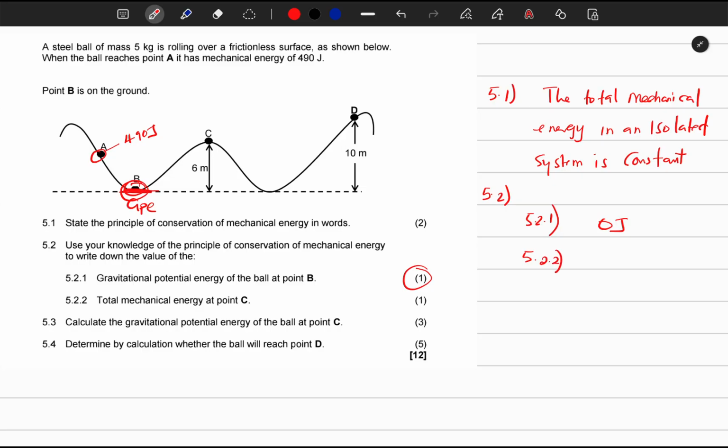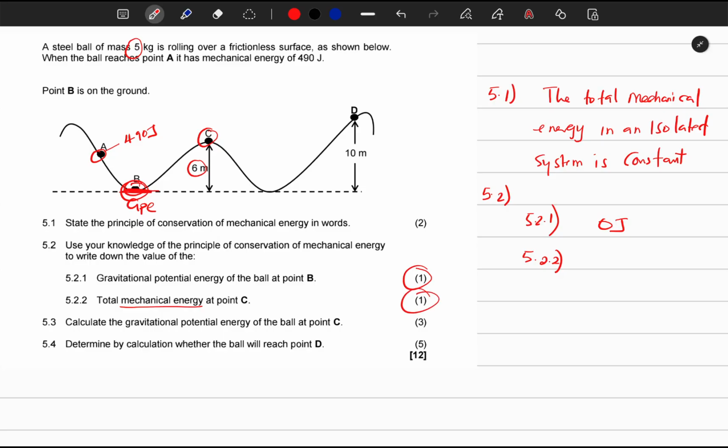Next, total mechanical energy at C. Here at C, you can see that C has some position with a distance of 6 meters. And the mass is actually 5, but don't worry about that one. Mechanical energy, like I said, is a combination of potential and kinetic energy.